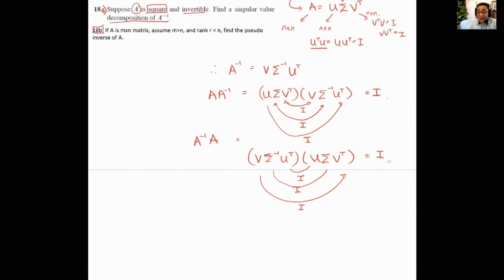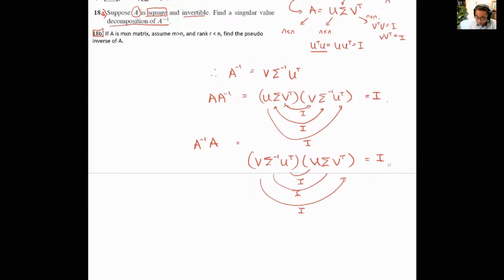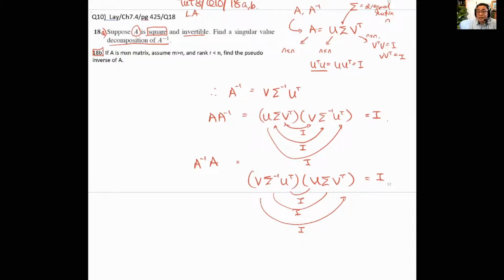Therefore A can be multiplied by its inverse on the left and right hand side by using the SVD decomposition U sigma V transpose, and we see this is the answer. I repeat, the inverse of A in the SVD is this matrix over here.